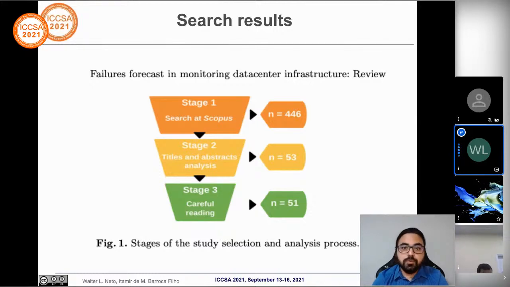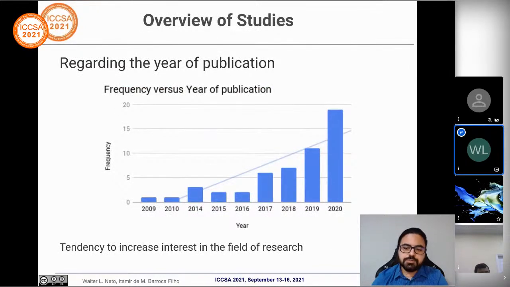Then we move to stage 3 of the search, where we conduct a careful reading, and 51 papers remained. As you can see, this figure shows the tendency of increasing interest in this field over the years of publication.